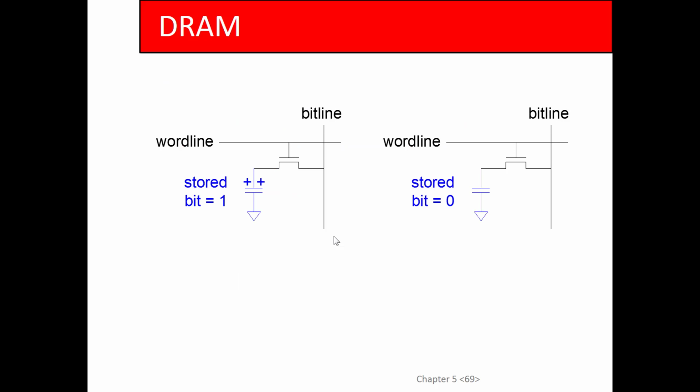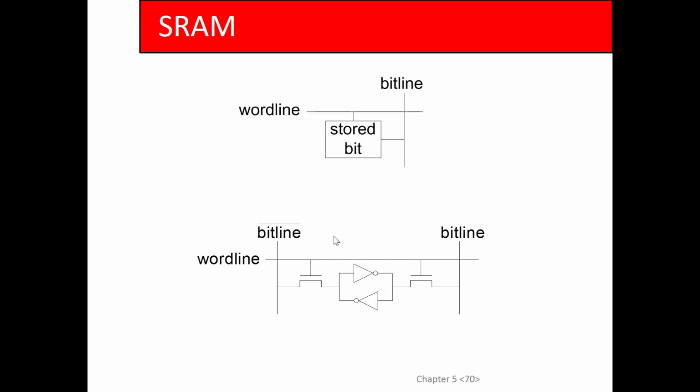And then SRAM is the kind of memory that you do put on your processor, but in order to make that happen, you can't use a capacitor. You have to essentially use a latch circuit, which is cross-coupled inverters. There are actually 2 bit lines that come in to change the state of this guy.